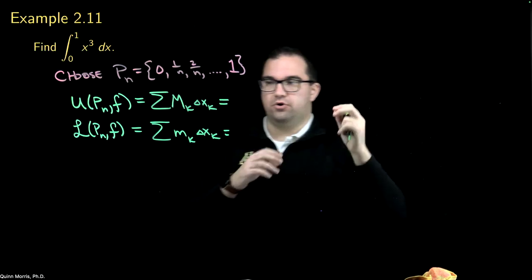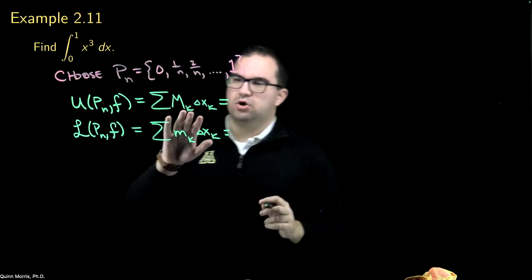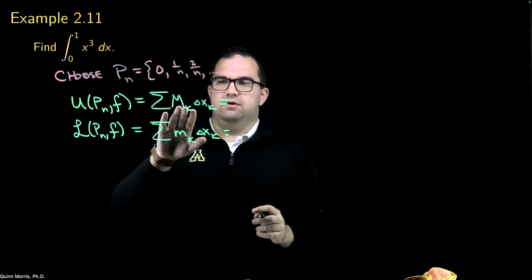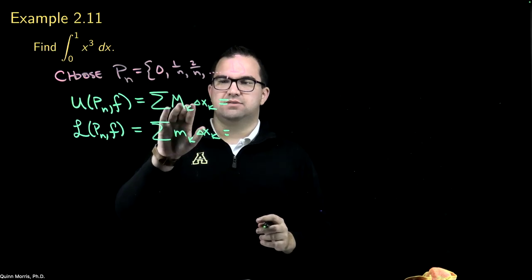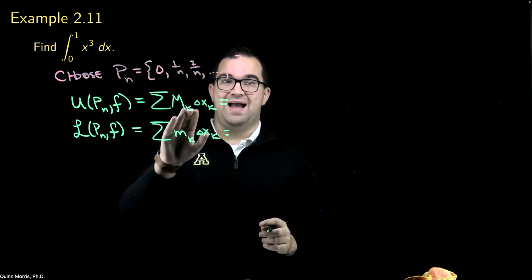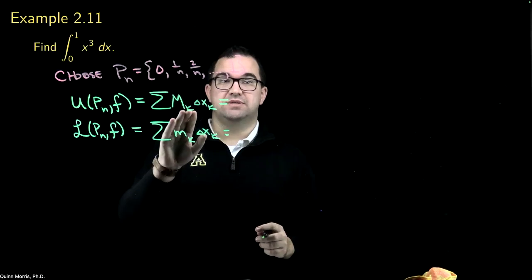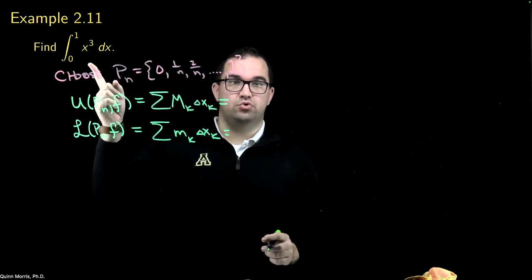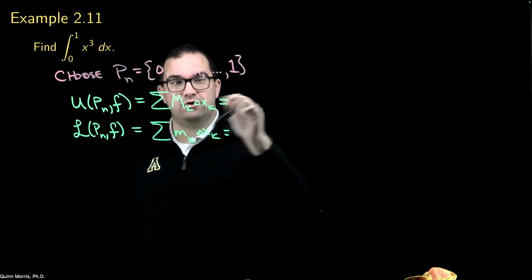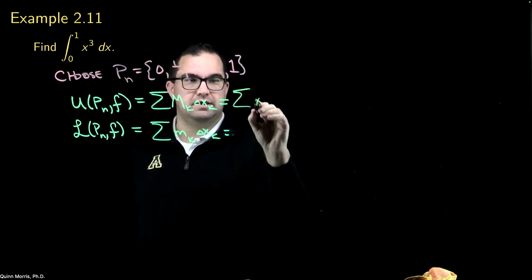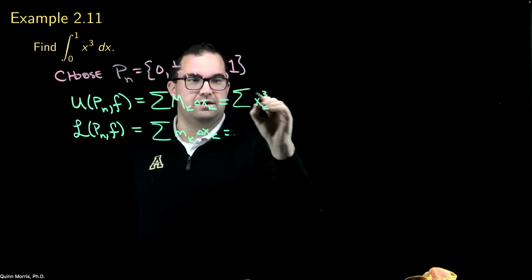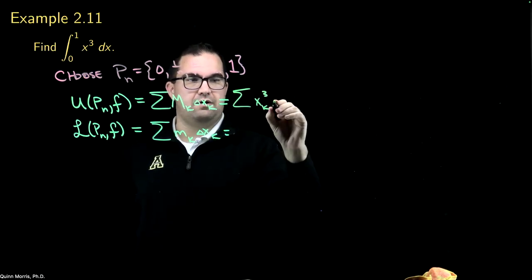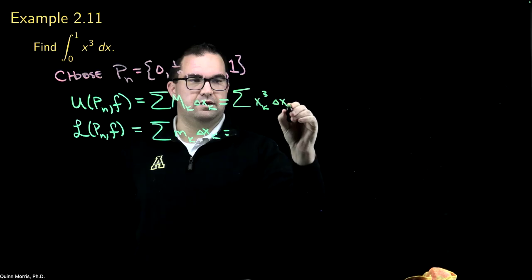So the maximum is going to occur at x sub k, but my function is x cubed. So the maximum value of the function is going to be x sub k cubed, and then I'll have times delta xk.